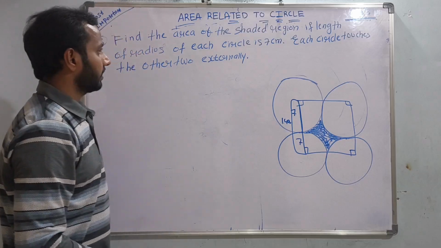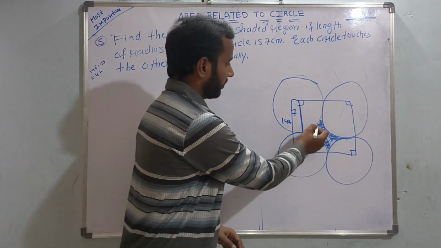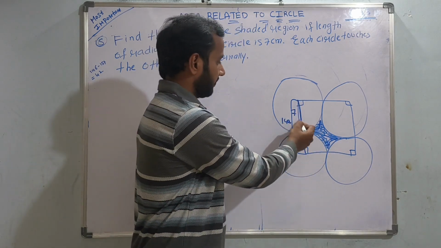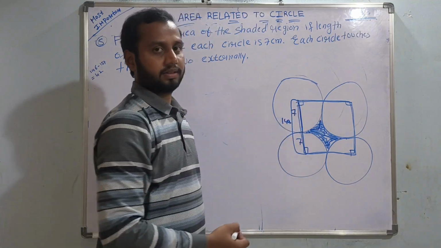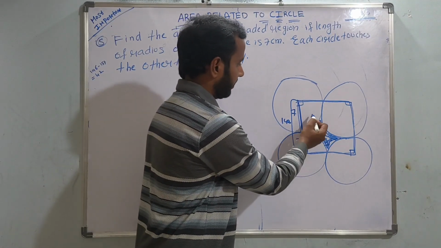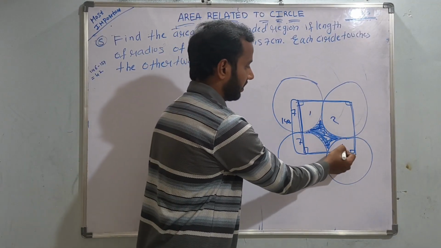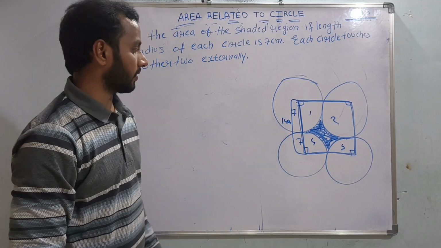To find the area of the shaded region, we first calculate the area of the square, minus we subtract the area of the quadrants. How many quadrants are there in total? 1, 2, 3 and 4. We need to subtract the area of 4 quadrants.